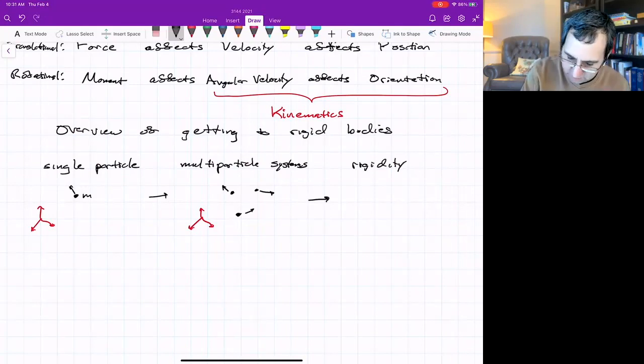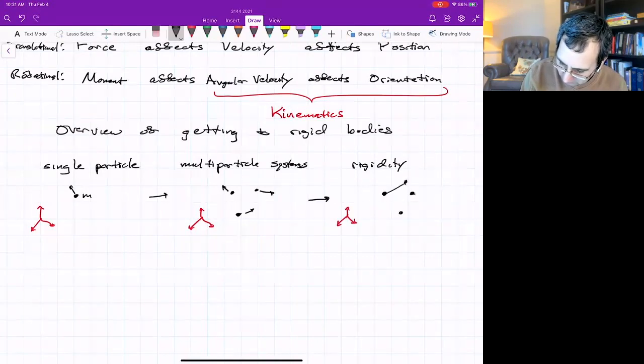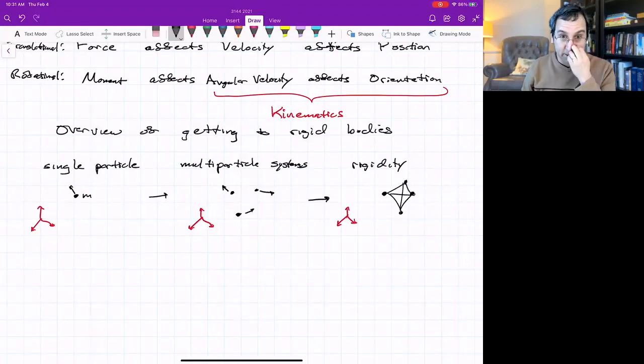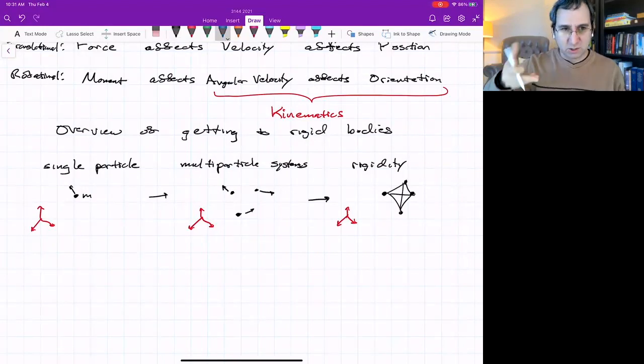So rigidity means that now the particles that thought they were on their own are all rigidly attached. So these lines connecting them are fixed. They can't move with respect to each other. The only relative type of motion in this case would be rotation.